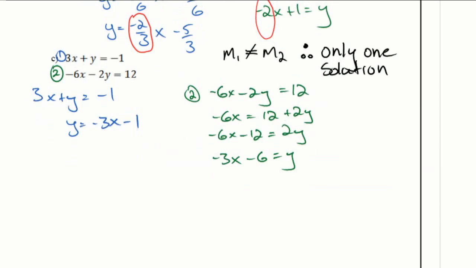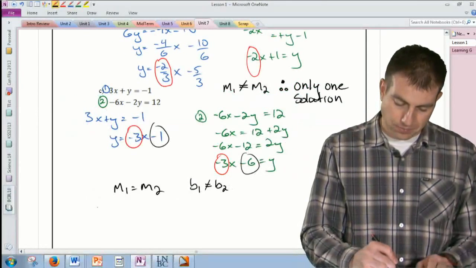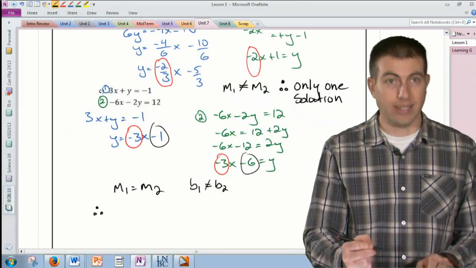So I can see that my slopes are the same, but my y-intercepts are not. So I could say B1 does not equal B2. What can I gather here?